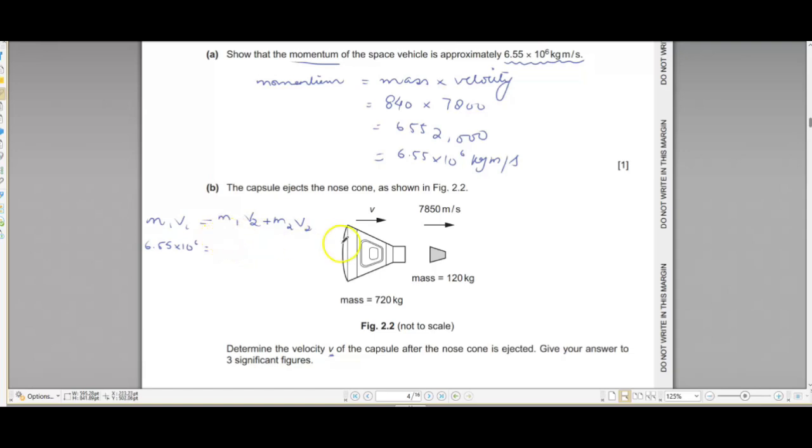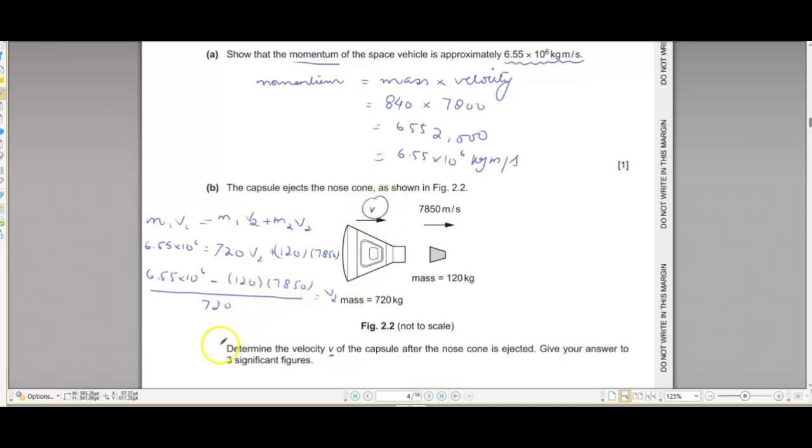And after that, the first mass is 720 kg, and we don't know its velocity. The other mass is 120 kg, and its velocity is 7850. So this is going to remain over here, minus 120 into 7850, divided by 720, is going to give us the velocity v.